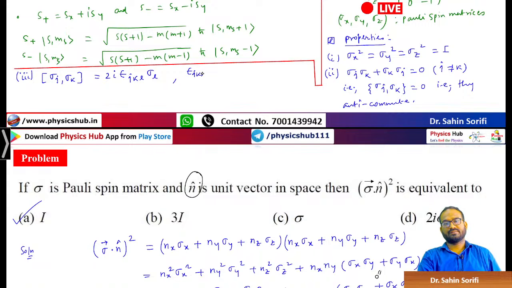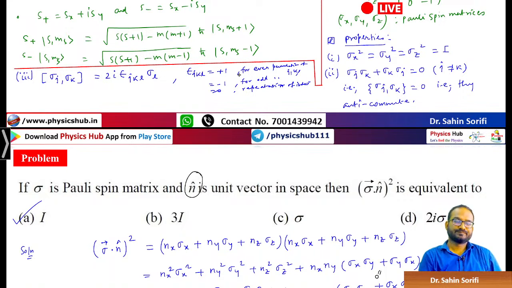Epsilon jkl is plus 1 for even permutation of xyz, let's say jkl, it is -1 for odd permutation, and it is 0 for repetition of indices. We have already told you about this Levi-Civita symbol. So if you take the commutator of sigma x with itself, that will be 0.